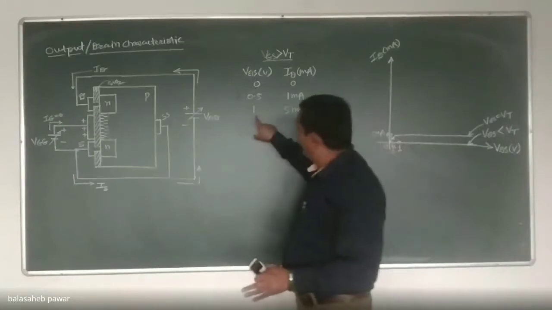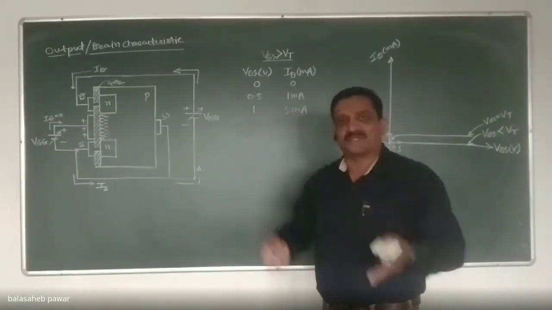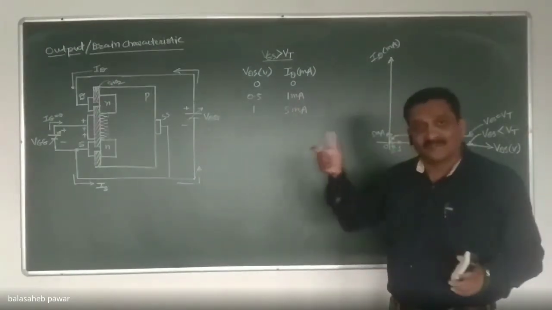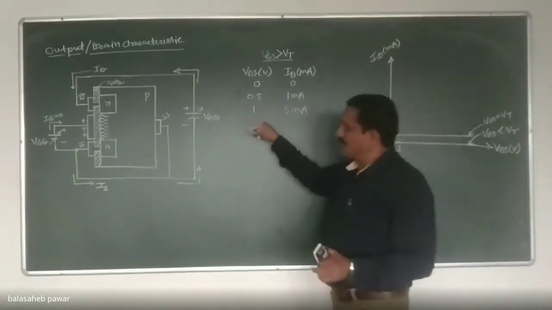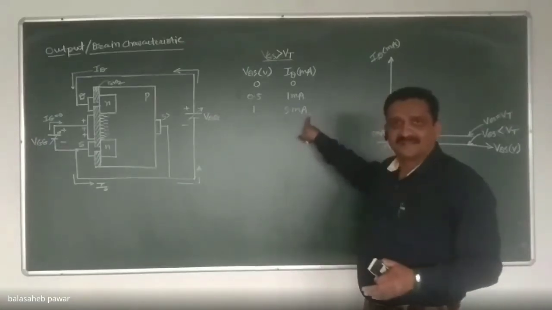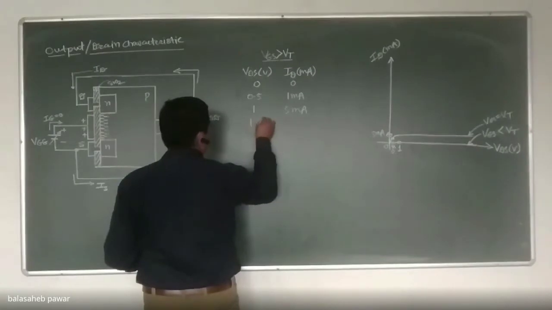When I apply VDS as 1 volt, suppose 50 charge carriers start to move. Already how many are there? Total are 150. Out of that 150, 50 will start to move, and by that the current will be equal to 5 milliamperes. Agree?